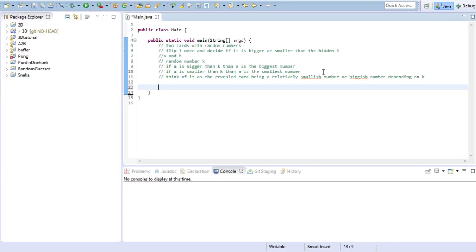But the way that I thought about this is that you get this number k, and with this number k you let the computer decide if the first number that you pick is a highish or smallish number. Based on that you decide if it's most likely that the second number B is higher or lower.